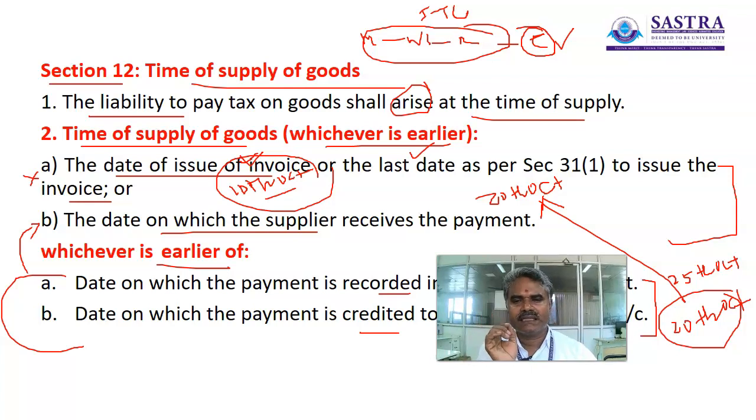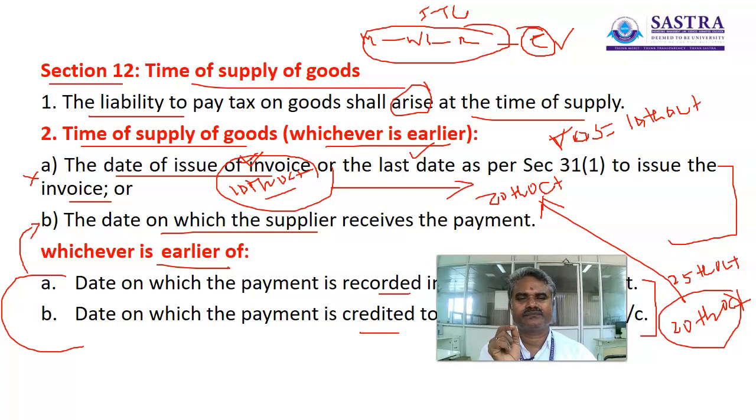So you see, 10th October is the date of issue of invoice. Here you take these two, 20th October and 20th October, whichever is earlier, 20th October. Now you compare these two. So the time of supply is equal to 10th October. That's all.